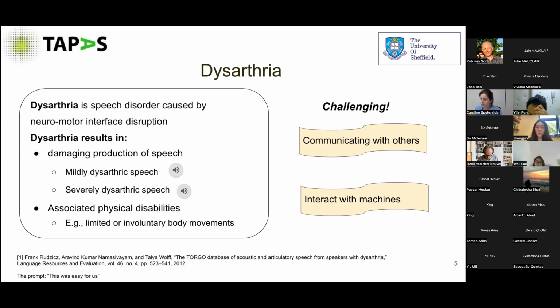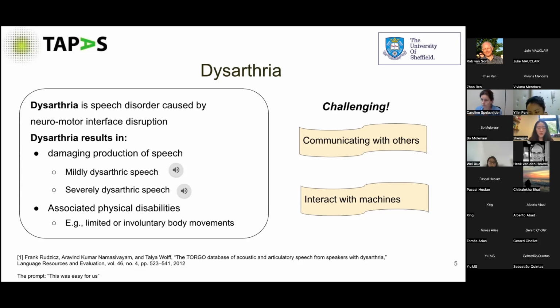Therefore, people with dysarthria often have poor motor control of their speech articulators, producing speech characterized as heavily slurred or having a slower speaking rate, abnormal pauses, false starts, and repetitions.